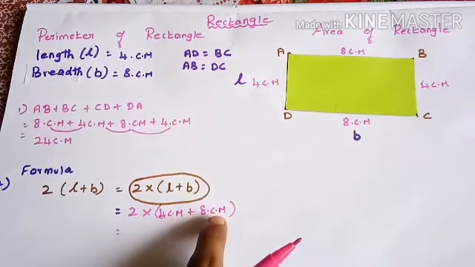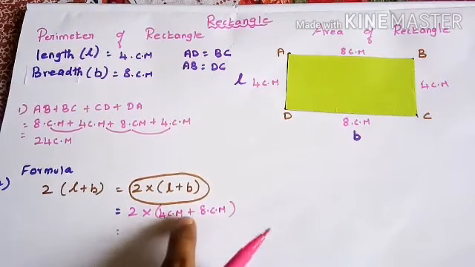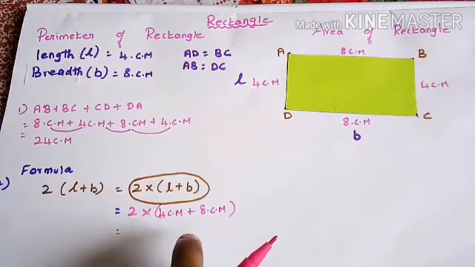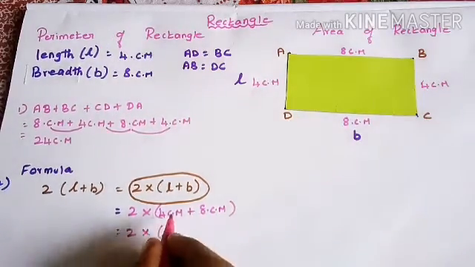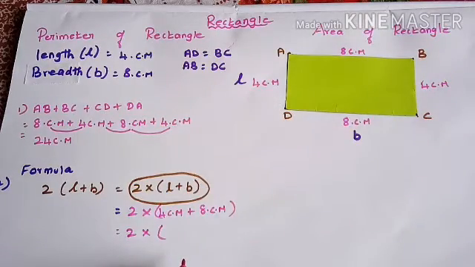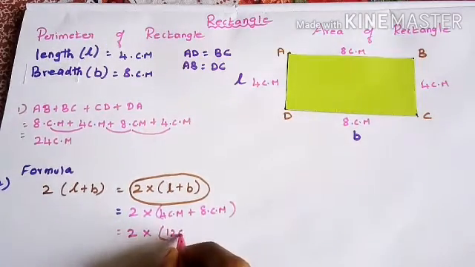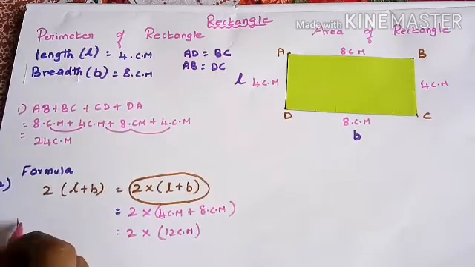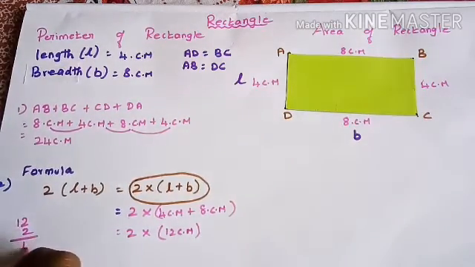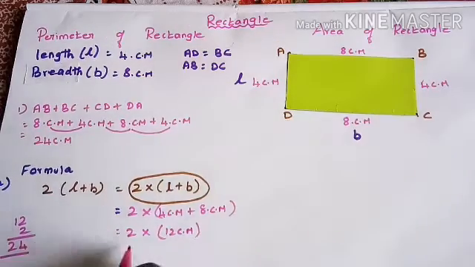Okay, first you should do it in the bracket. So 4 plus 8. 2 into 4 plus 8. 12 centimeter. Now we are going to multiply. 12 twos are 24.